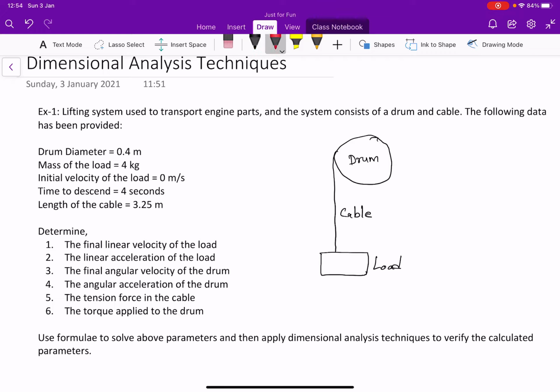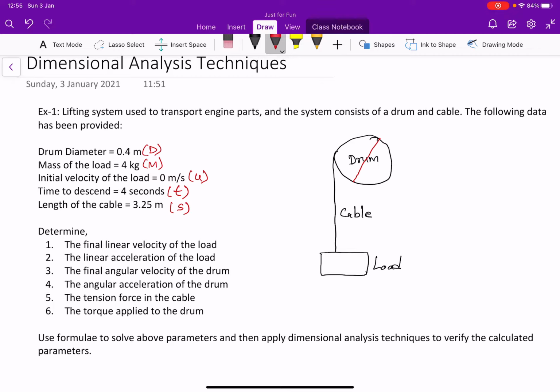We have a diameter of the drum, which we're going to say as capital D. Mass we refer to as M. Initial velocity we refer to as U. And time we'll refer to as small t, and the cable length we can represent as S, because it's considered as a distance travelled.